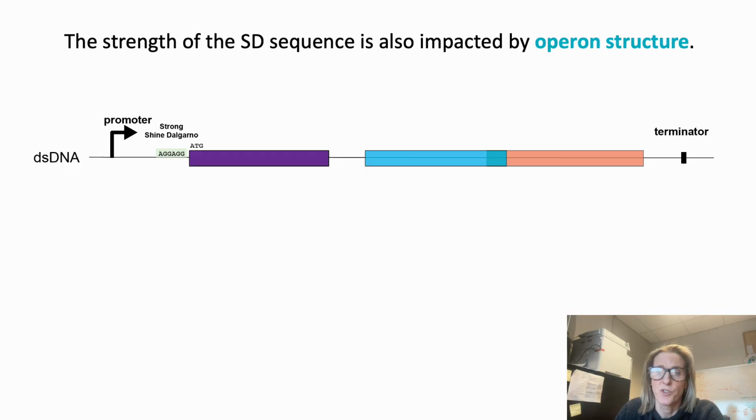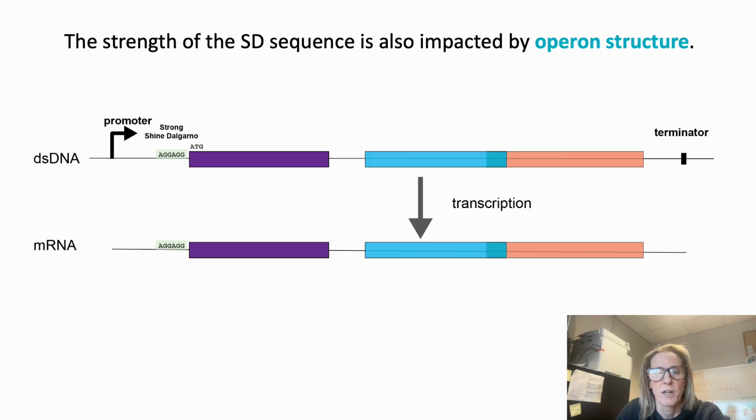Most genes in a phage genome are expressed from polycistrons or operons. These are groups of protein-coding genes that are expressed on a single mRNA from a single promoter.